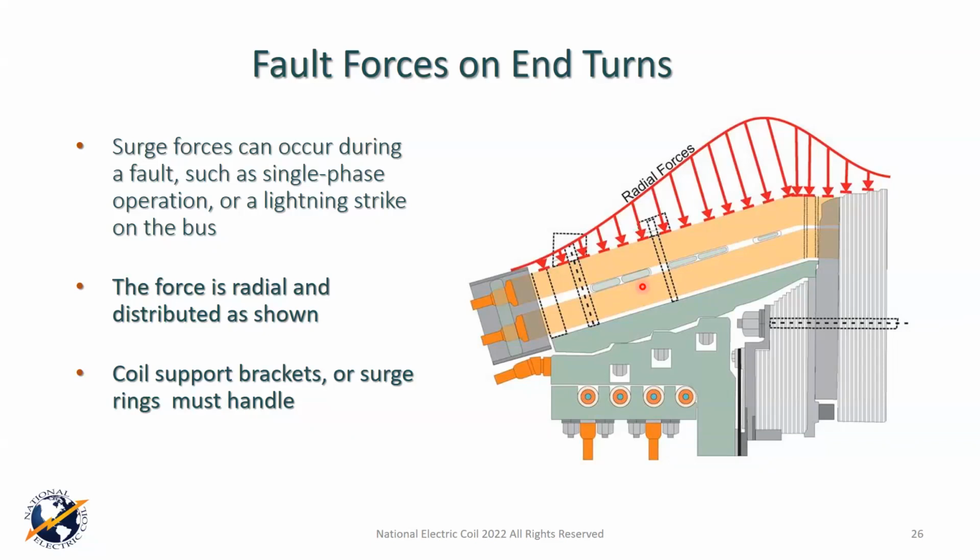But I would also say there are things you do about that. And today on rewinds, so the gentleman asked about rewinds, a bump test, especially on newer vintage machines, is an extremely important part of your spec to make sure you're not installing it back in a resonant condition. So what do you do if you find that the natural frequency is in line with the exclusion zone? Well, a couple things, and I may have some slides later.